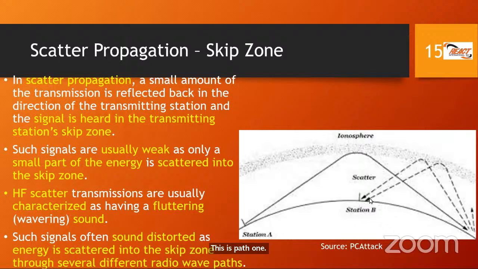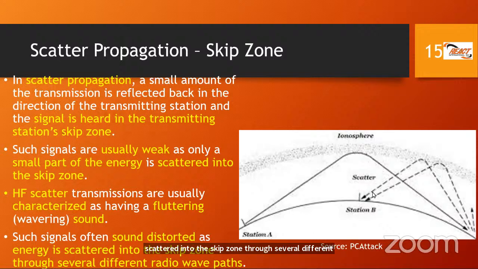That sort of interference, constructive or destructive, can cause the signal to be distorted. And that's the last bullet point, exam question: such signals often sound distorted as energy is scattered into the skip zone through several different radio wave paths.